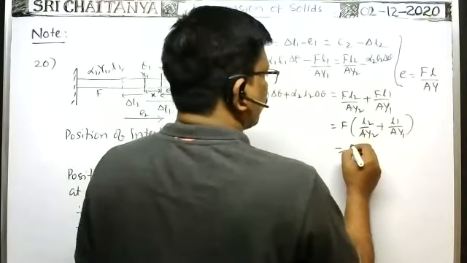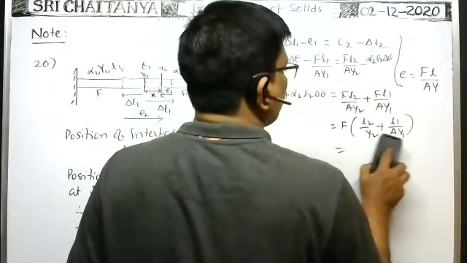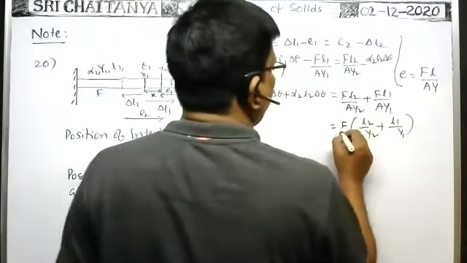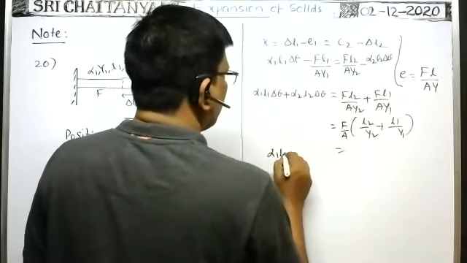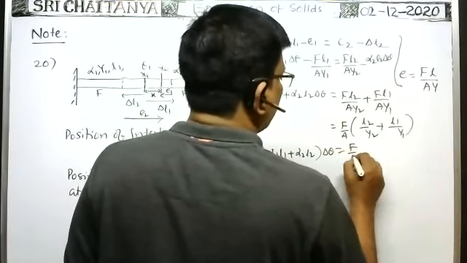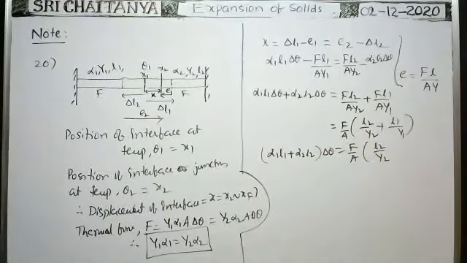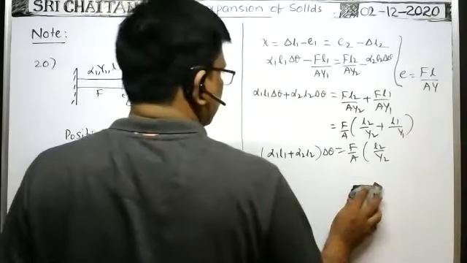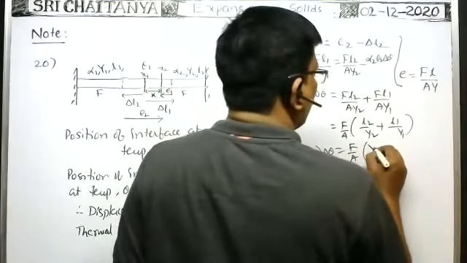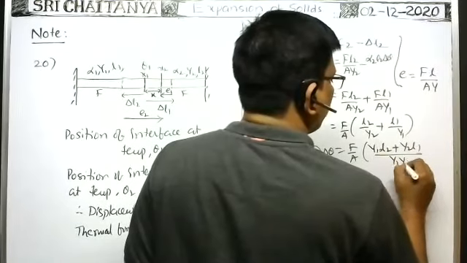We can take A also common, because A is also the same. If they are different, we have to keep it like that only. Otherwise, we can write it outside. So F by A is equal to alpha 1 L1 plus alpha 2 L2 of delta theta, equal to F by A into L2 by Y2 plus L1 by Y1. You take the LCM and substitute: Y1 L2 plus Y2 L1 by Y1 Y2.